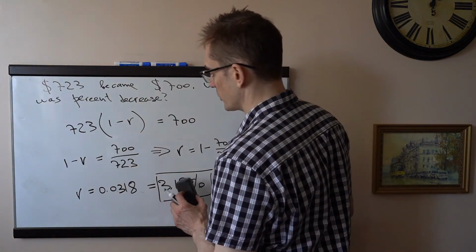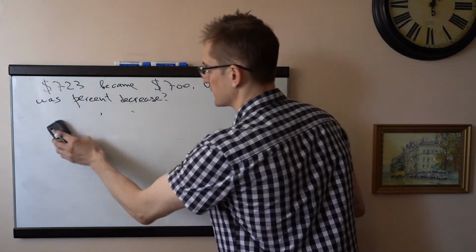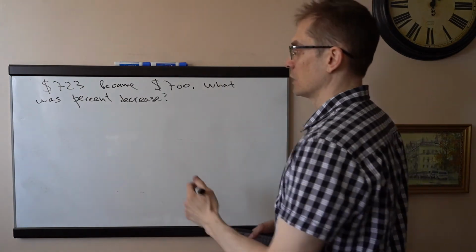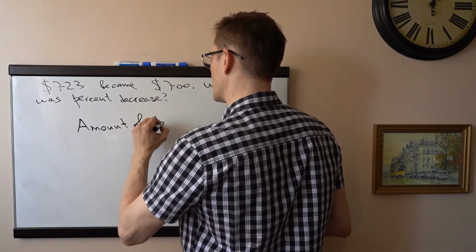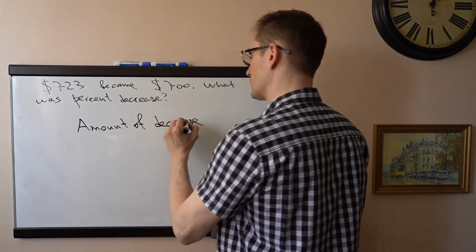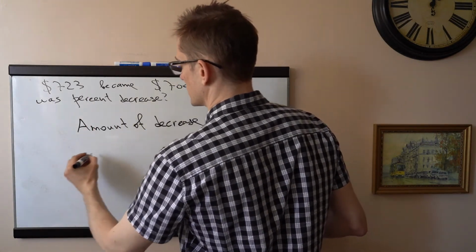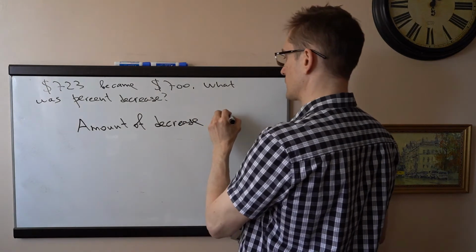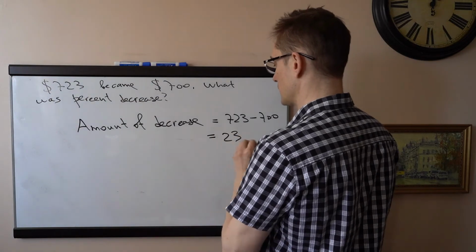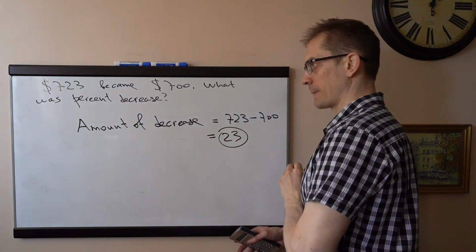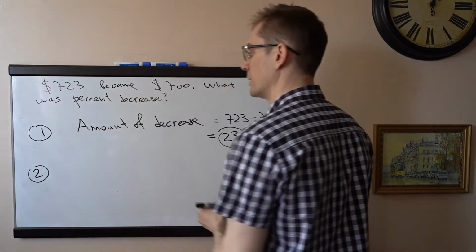So now another way to solve this will be this. We can essentially say that the amount of decrease is $23, right? Because essentially that is 723 minus 700, and it's $23. So it was your first step to find that amount of decrease.